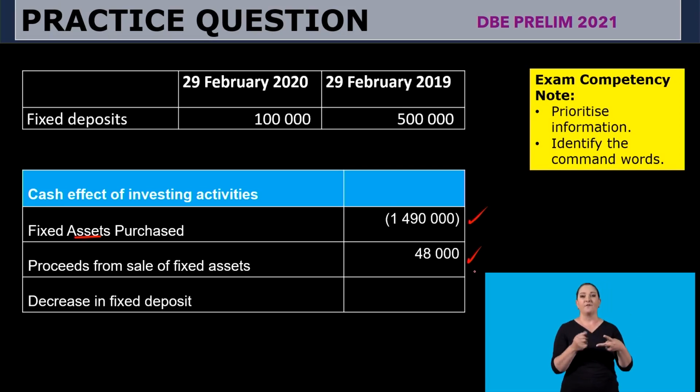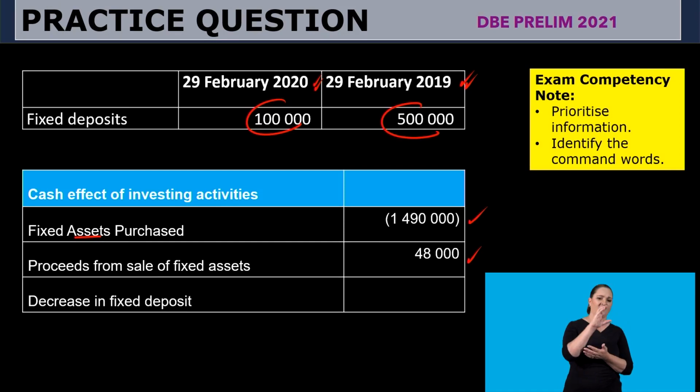our investments fixed deposit. We have to be able to analyze the information and understand that if I had 500,000 in 2019, and then now I have 100,000 in 2020, what does this mean? It means that my investment has decreased. What does a decrease in investment mean?